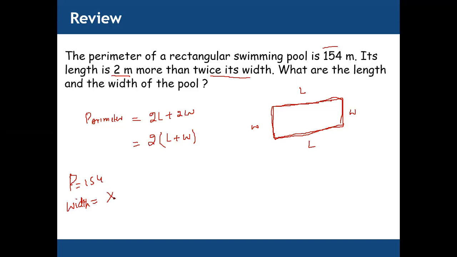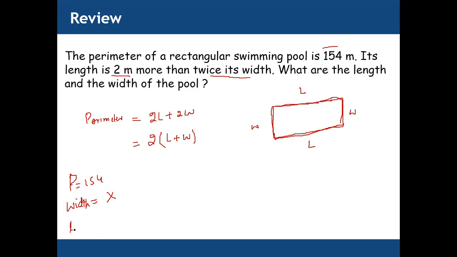Let's suppose we consider the width is x. The width of this rectangle is x. So what will be the length? Anyone? The condition for length is given: 2x plus 2. Its length is 2 meters more than twice its width.